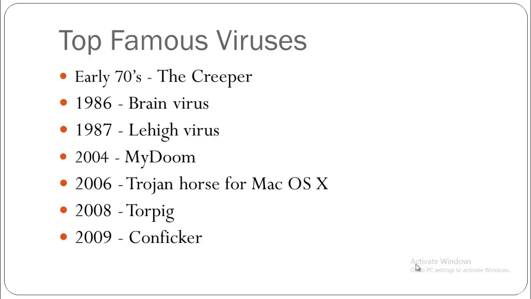After that, we had the Robert Memory virus, the Trojan horse for Mac OS X, Torpig, and Conficker. So these were also important, but we had other types of viruses such as the Robert Morris worm, which invaded ARPANET computers and disabled 6,000 computers on the network by overflowing their memory banks with copies of itself.